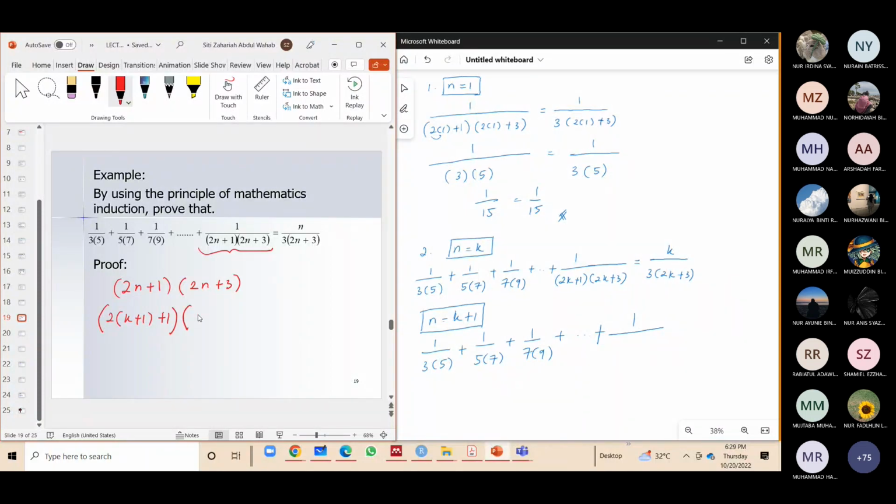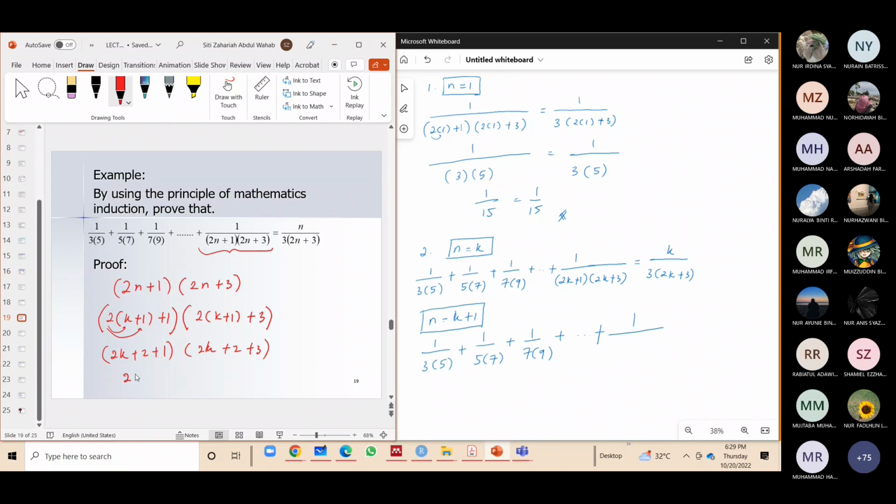Okay, here 2 times k plus 1 plus 3. Expand the bracket, it will be 2k plus 2 plus 1. Here 2k plus 2 plus 3.